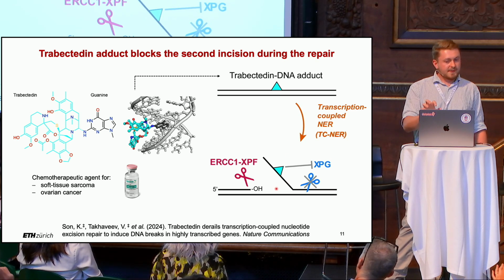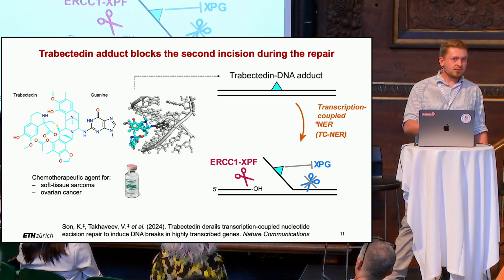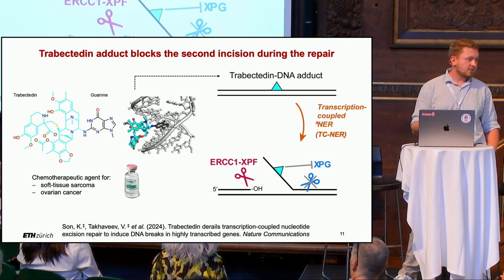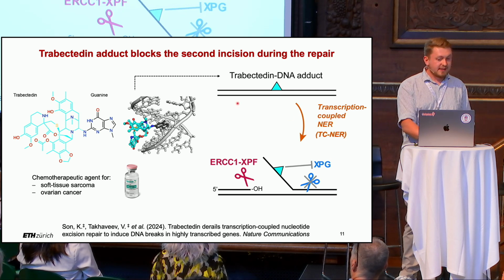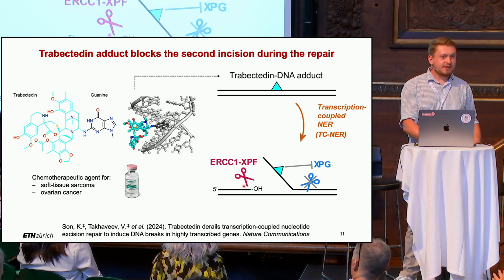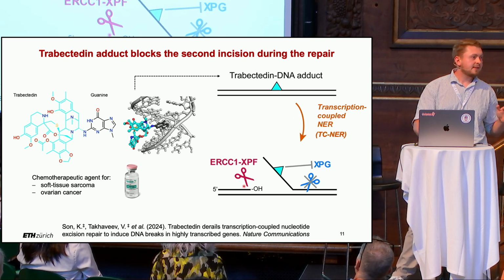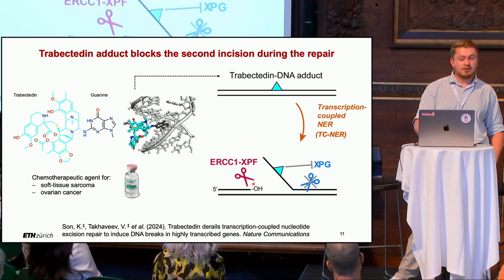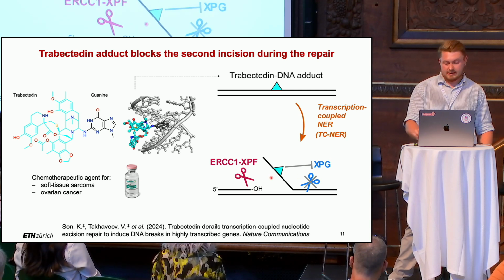So this repair pathway, TC-NER, is crucial in aging because deficiencies in it cause premature aging called Cockayne syndrome. And based on this discovered mechanism, we devised a tool to profile TC-NER activity genome-wide by actually mapping these breaks induced by the drug trabectedin.